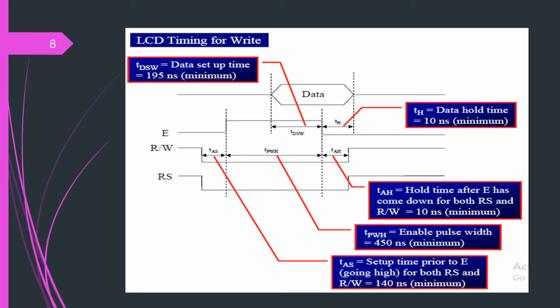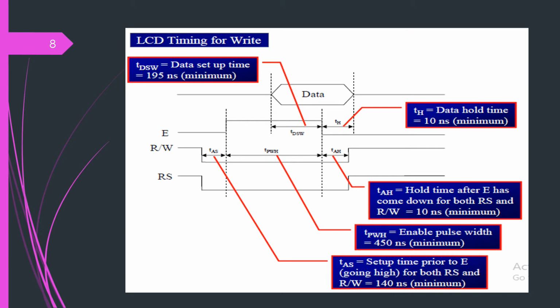Execution time is maximum when the oscillator frequency is approximately 250 kilohertz, and it changes when the frequency changes. At 270 kilohertz, instead of 40 microseconds it becomes approximately 37 microseconds. So altogether you have to remember these instruction settings.